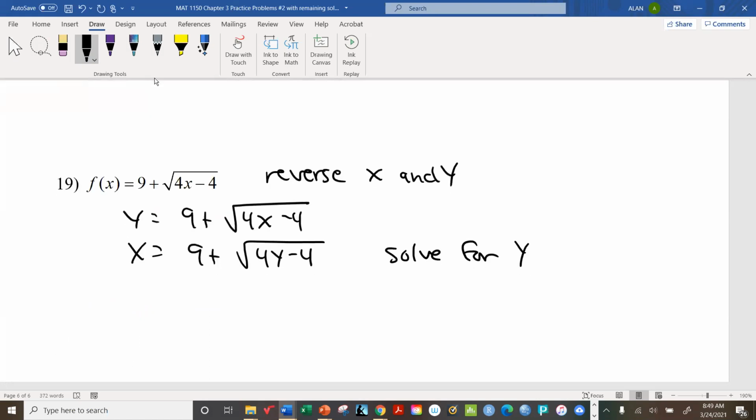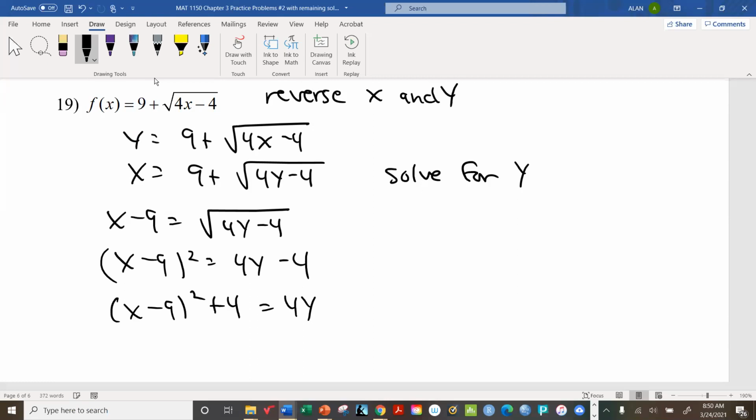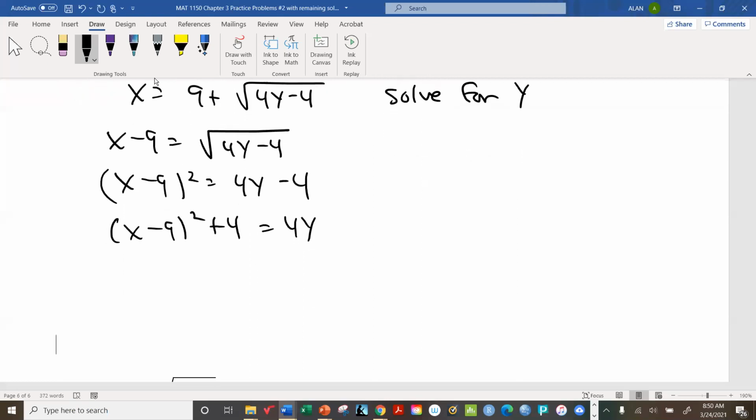Okay, so let's see. Let's subtract the 9 from both sides. Square them both. Add 4 to both sides. And then, of course, divide by 4.